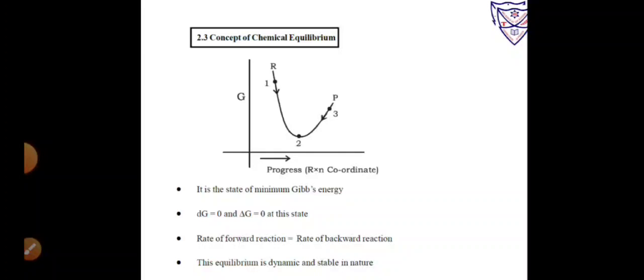So here it is the state of minimum Gibbs energy. Gibbs energy is what? Energy required for the reactant to form a product, right? That is the Gibbs energy. In the previous chapter, thermodynamics, we have studied about the Gibbs free energy, enthalpy, entropy, internal energy.